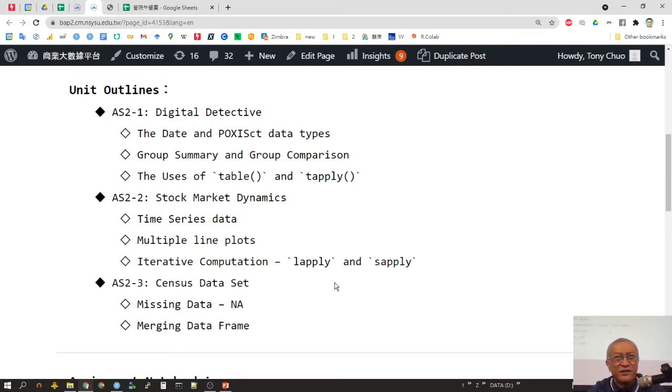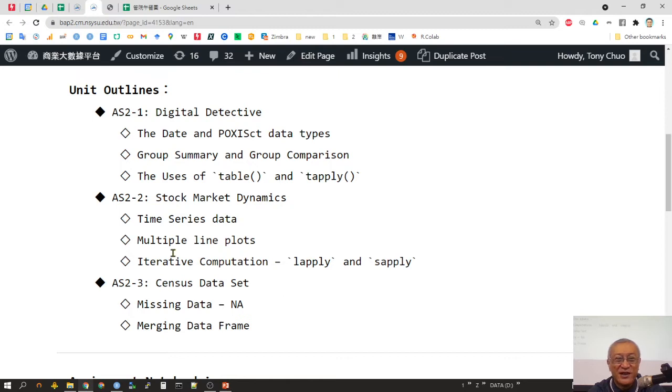In the 1980s, when I used S at Bell Lab, they already had these three commands. If you can use these three function calls, then basically you can solve like 85 to 90% of business analytics problems.